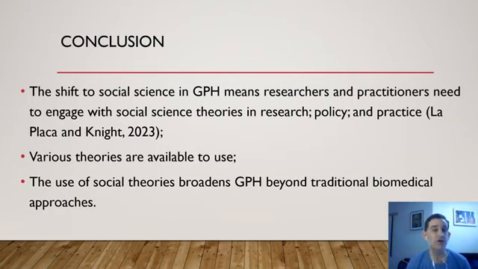For example, structuration theory, Giddens' theory of structuration, looks at how human beings on a micro process construct wider macro processes, and in turn how those wider macro processes then go on to give us resources to create further micro and macro processes. So the use of social theories broadens global public health beyond traditional biomedical approaches.